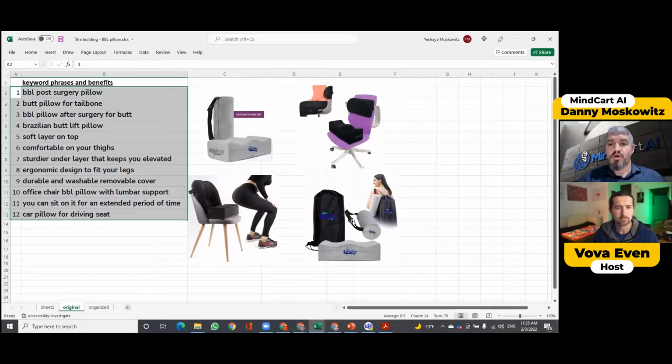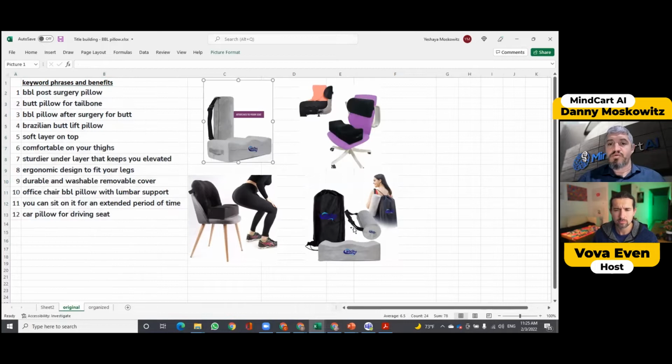And I also compiled four pictures. Two pictures that I had created, and then two competitive pictures that I actually took off of listings, because I want to see how my pictures should look. Should I make a picture like this of a woman sitting on it, or just with a chair?